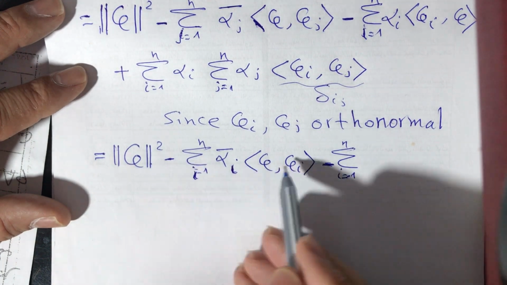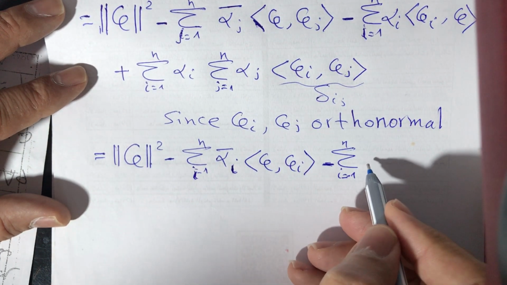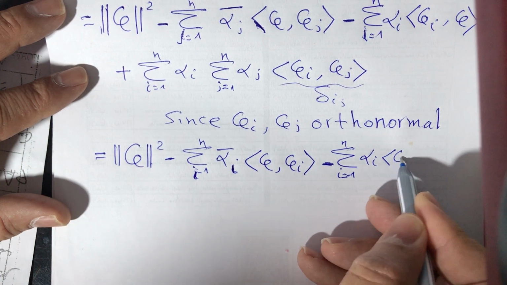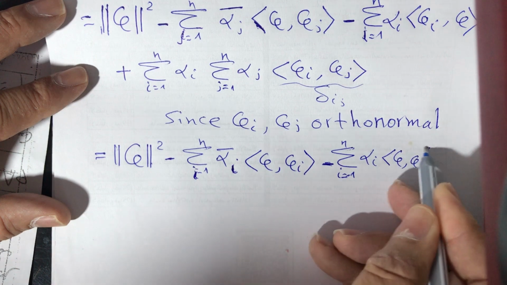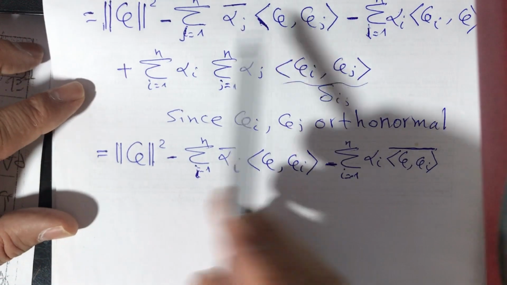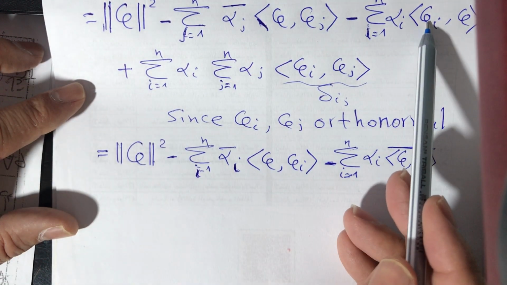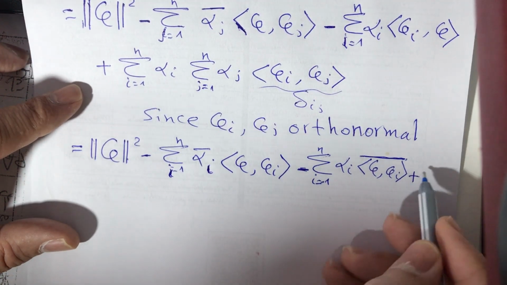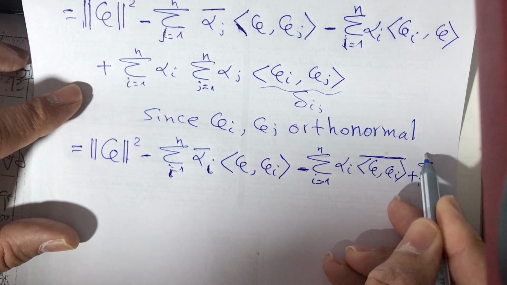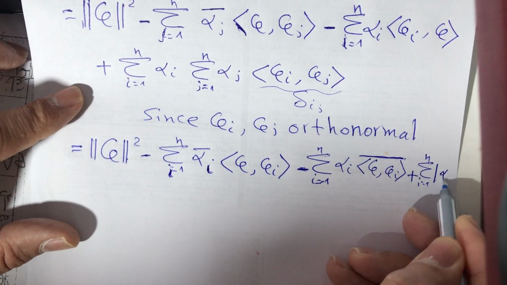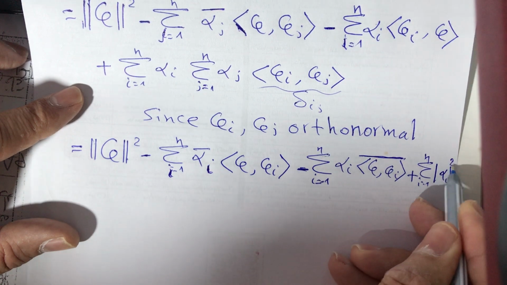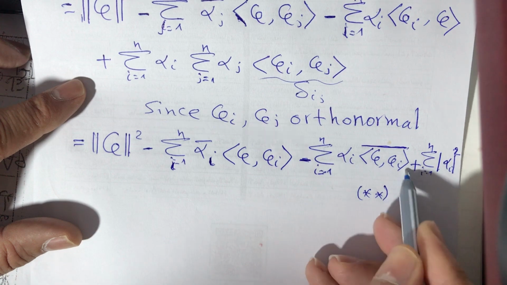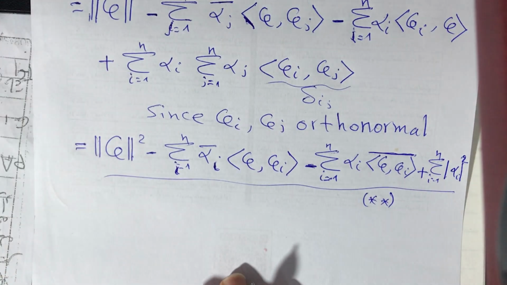In this step we take i equal to j, and this is alpha i. We can change phi i and take conjugate. This will be plus 2 summation i from 1 to n absolute value alpha i to the power 2, and we call it double star.